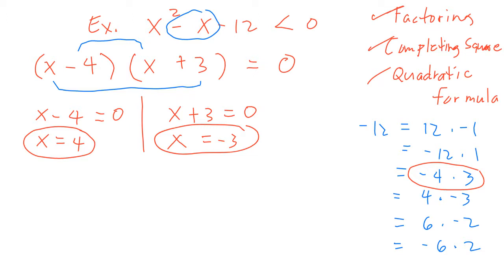We still have to do additional steps to actually find the exact solution by having the number line and having the test value. So we have to test whether there are three parts of the number line, whether it's on the left, the middle, and on the right of those values we're looking at.